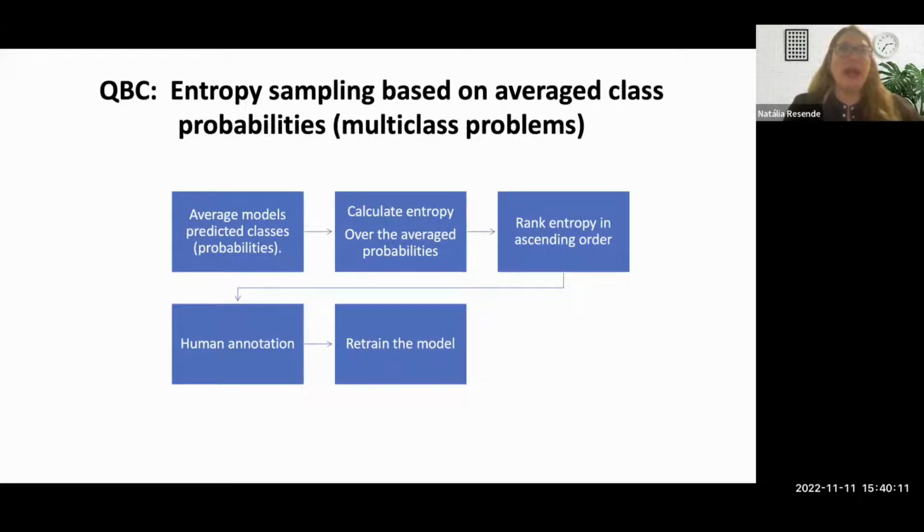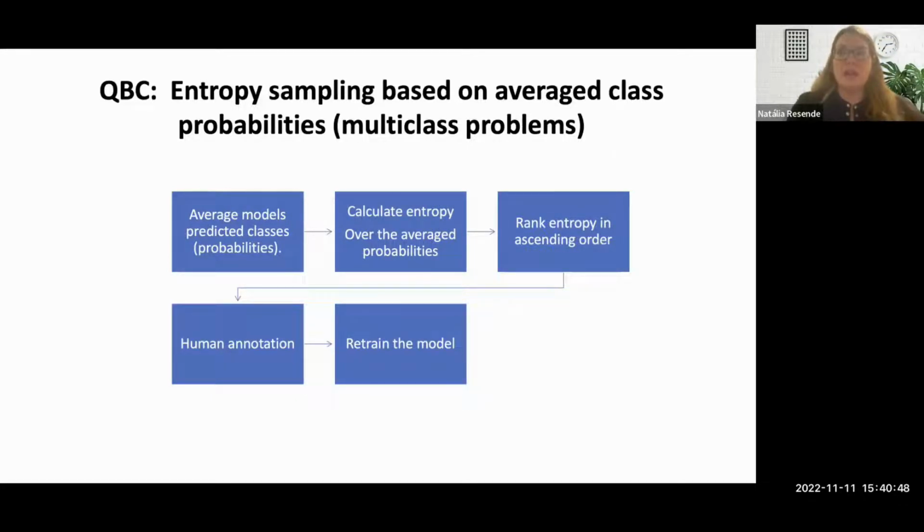So if we have 3 models with probabilities 0.5, then your average will be 0.5, right? And then after calculating these average probabilities, you calculate the entropy associated with each instance, as I showed before.